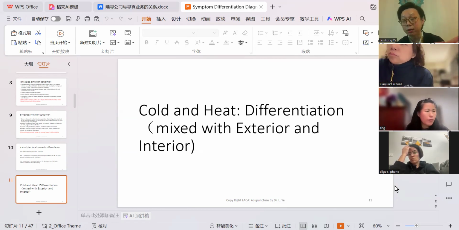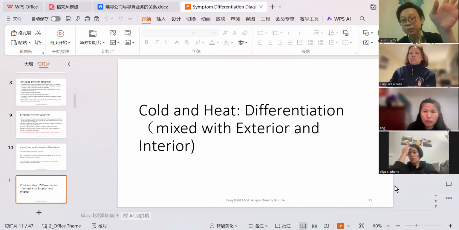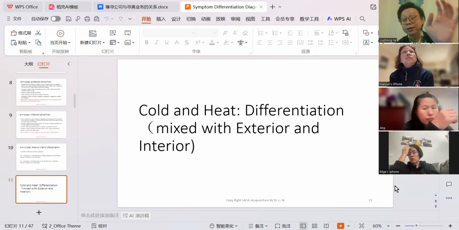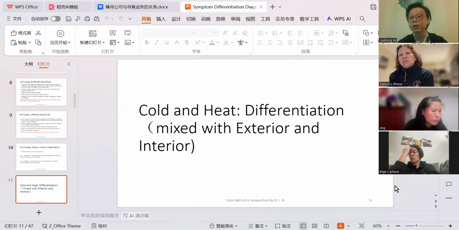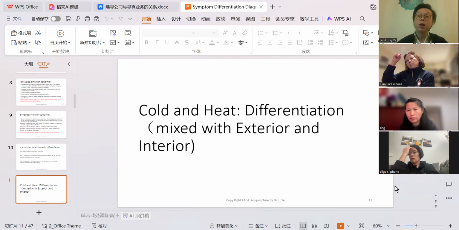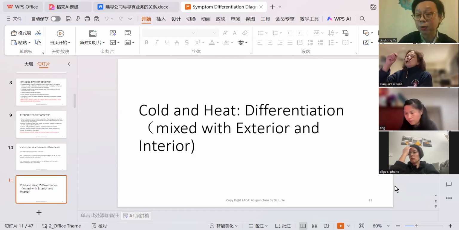As I mentioned early on, when you have the symptoms showing, you know this is exterior, but you have to really identify whether it is cold or heat to be able to utilize the proper method for diagnosis, 6 stages or 4 levels. Yeah, so that's the cold and heat combined with the exterior and interior.